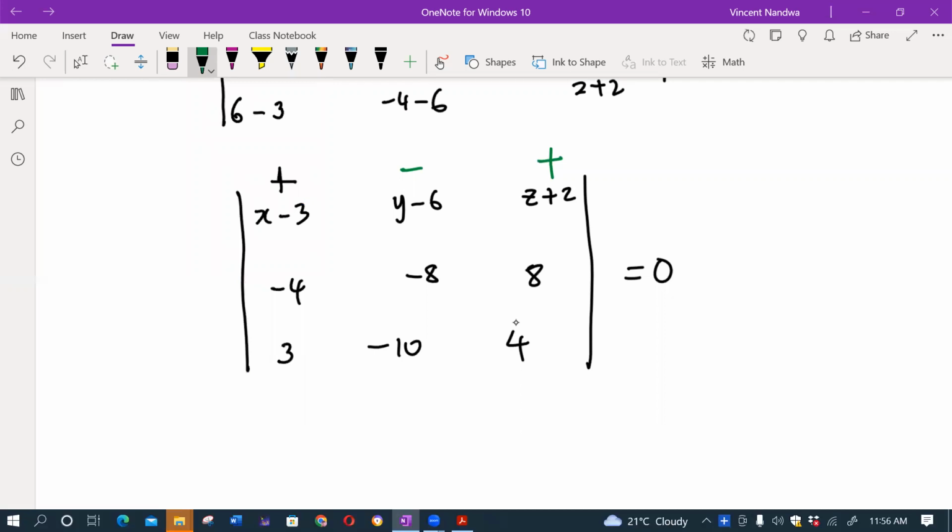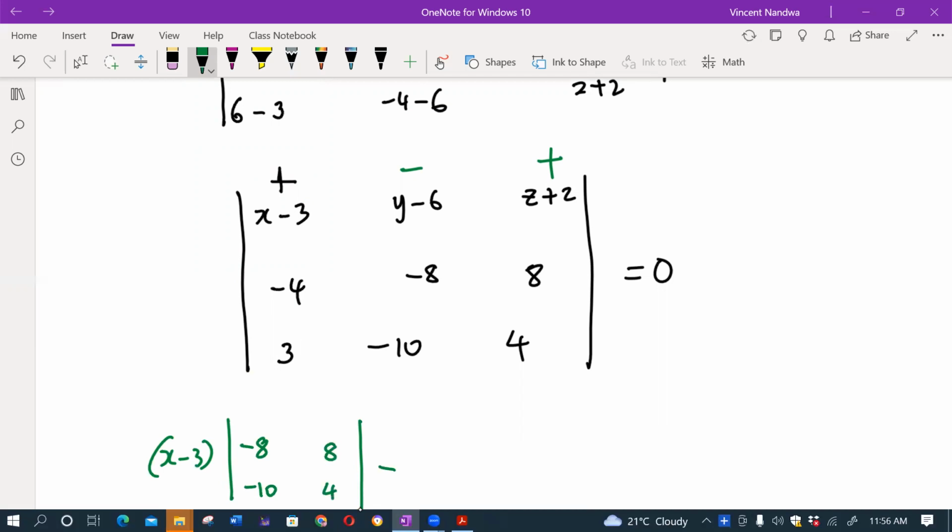So expanding along the first row, I'll have x minus 3. It has a positive sign. You multiply by the sub-matrix obtained by deleting the column and row of the element x minus 3. So we remain with -8, -10, 8, 4.